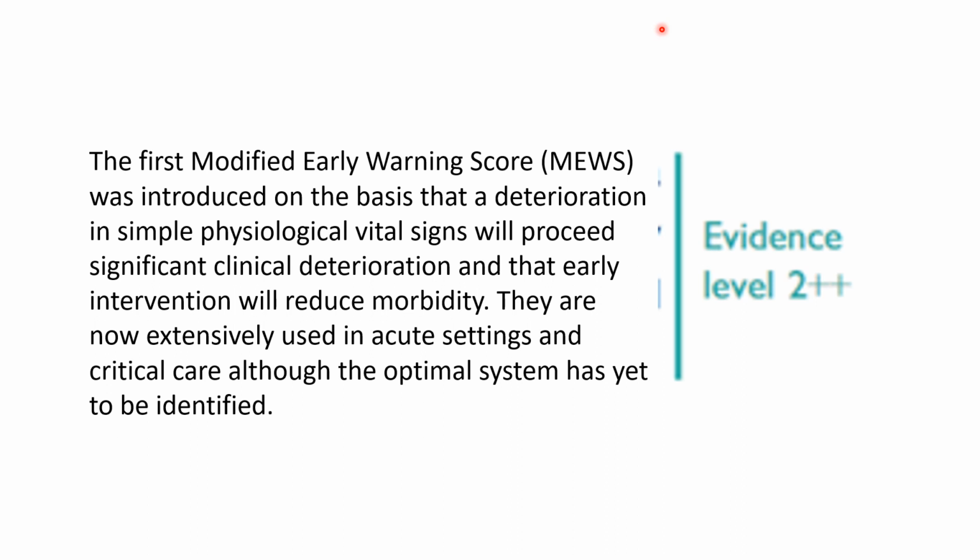It was introduced on the basis that a deterioration in simple physiological vital signs will precede significant clinical deterioration, and that early intervention will reduce morbidity. They are now extensively used in acute settings and critical care, though the optimal system has yet to be identified.